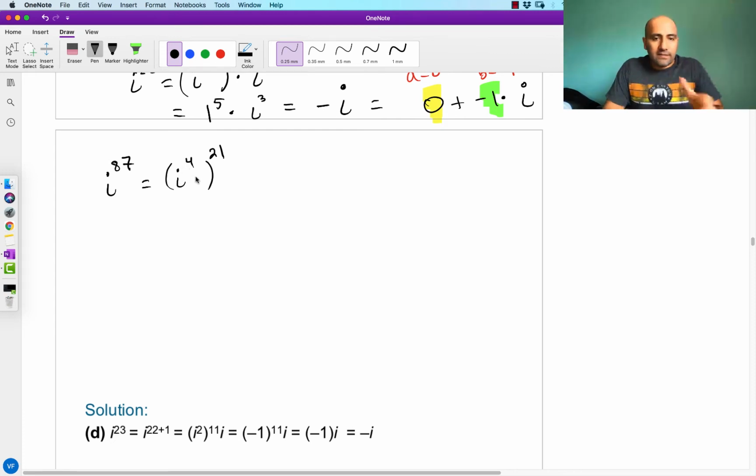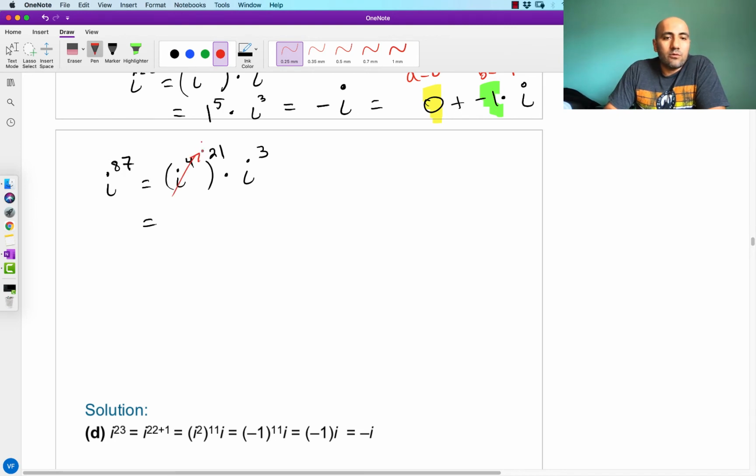So 4 i's are corralled together, and I do that because I know that's going to end up being a 1. And then what's remaining is i to the power of 3, because this takes care of 84 of them, there's still 3 remaining. And so this i to the 4th power equals 1.